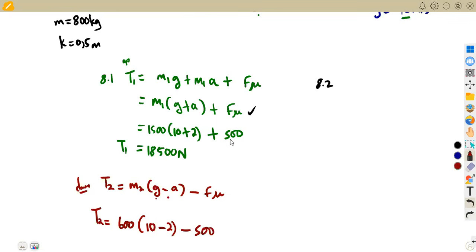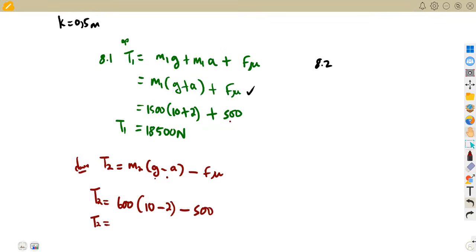So here we are going to use the same frictional resistance. So that is going to give us T2 in this case. If we simplify properly here, we are going to obtain 4,300 Newton in this case, or 4.3 kilonewton. So that is our tension 2.